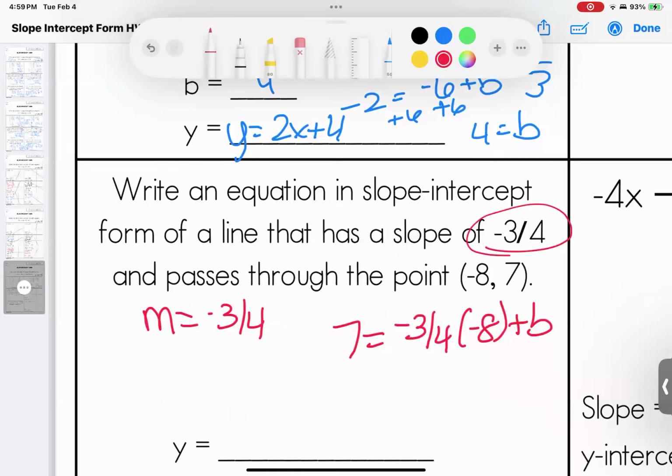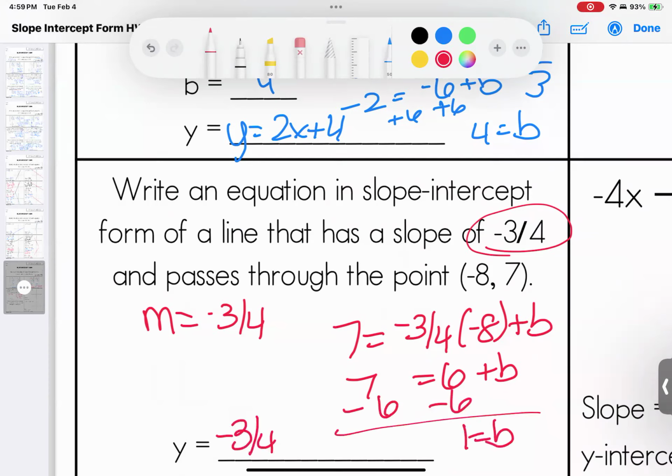So 3/4 of -8 is 6. Again, it's going to be positive only because the signs agree. If the way that I just explained that doesn't work for you, you can also put it as a decimal, 0.75, and multiply that by your 8. You're going to get the same thing. I just like to introduce you to different strategies. 1 is equal to b.